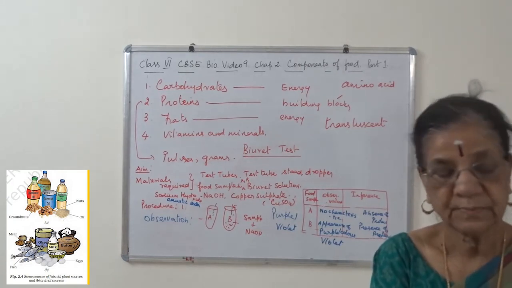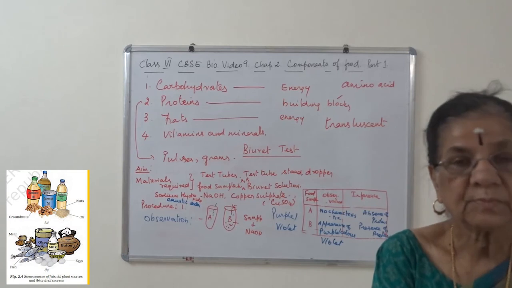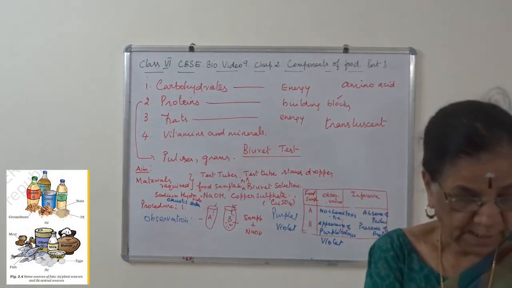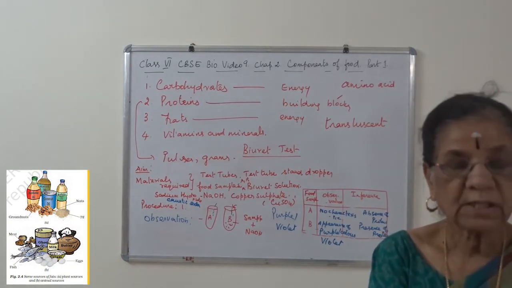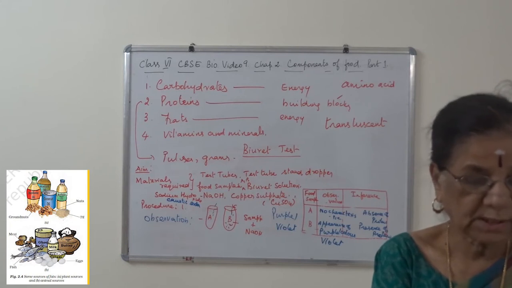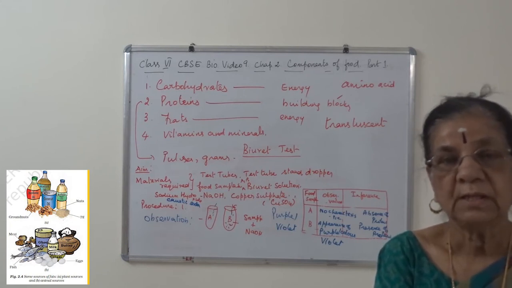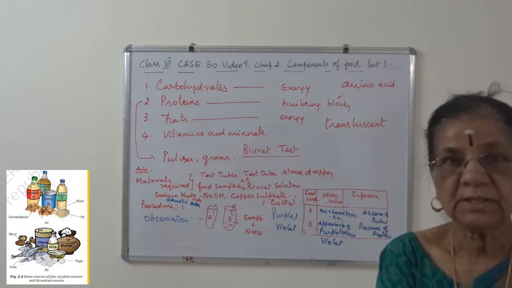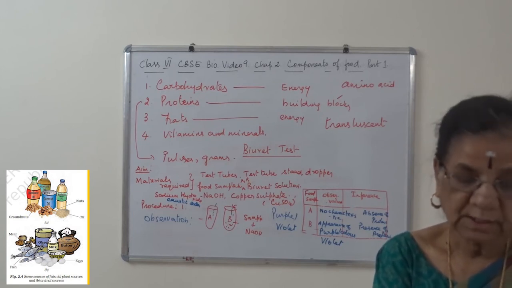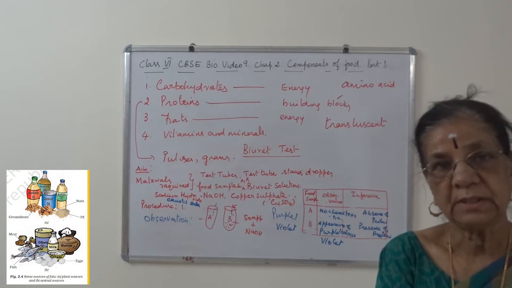Are you clear? Then food items with fat. Plant sources are sunflower oil, mustard oil, coconut oil and soybean oil.